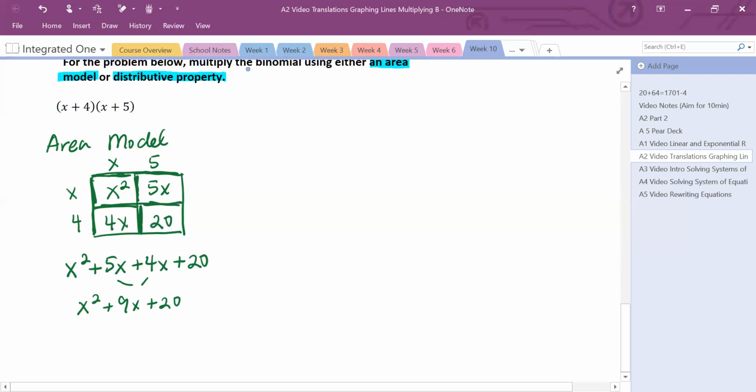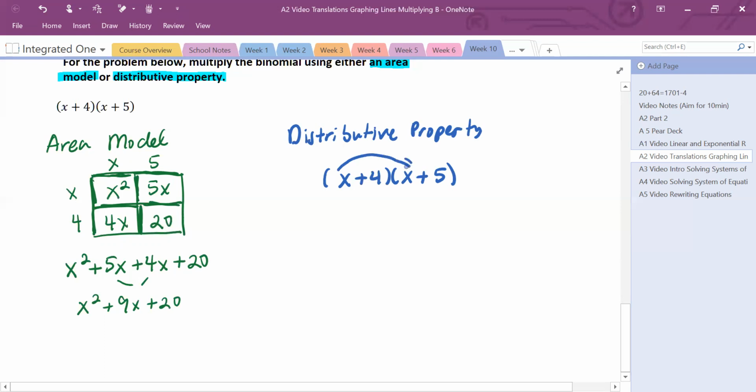But now what if I want to use distributive property? I remember that some people really liked the area model. It made more sense to them. And some of you liked the distributive property. I'm going to rewrite our binomial right here. And what I'm doing is I'm multiplying by distributing that x.